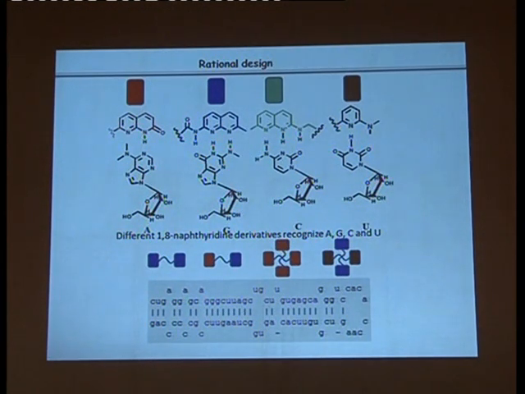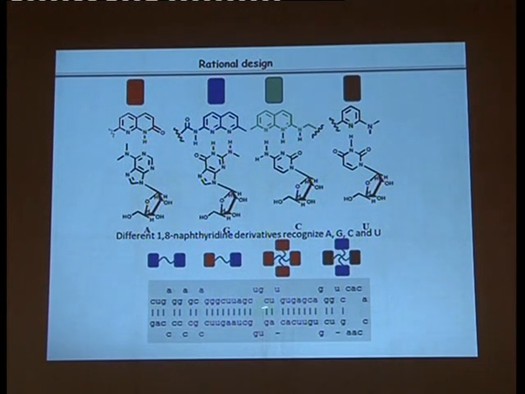Then, what I was describing is basically screening. We need to come back and try to understand, and design rationally. If I am given a particular microRNA sequence, I should be able to design a small molecule without screening. It is already known that this type of small molecule can distinguish adenine, guanine, cytosine or uracil when they are not base paired with the counterpart.